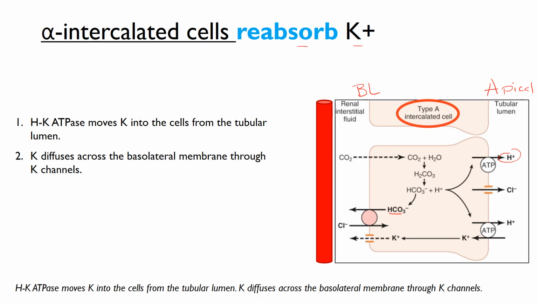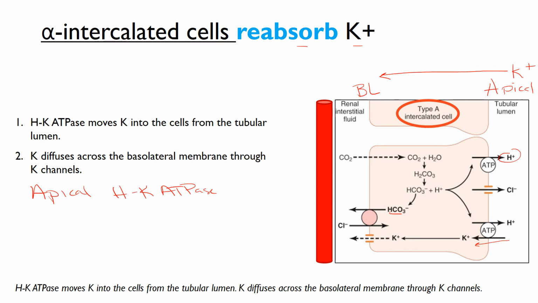Reabsorption means that we are going to move something from the tubular lumen back into the blood. In this case, let's think about potassium first. Potassium, again, enters the cell on the apical side using a hydrogen potassium ATPase. Now you might think to yourself, that sounds familiar.